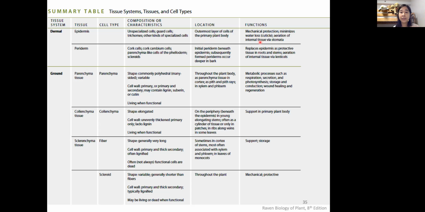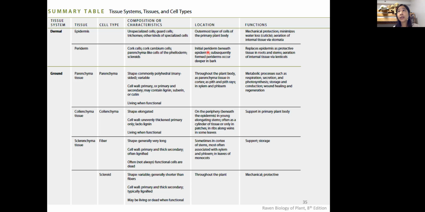via stomata. As I mentioned in some of my earlier videos, the plant can breathe through the pore, and the pore is controlled by stomata. For periderm, it's cork cells like cork cambium cells, parenchyma cells of phelloderm or scurry.